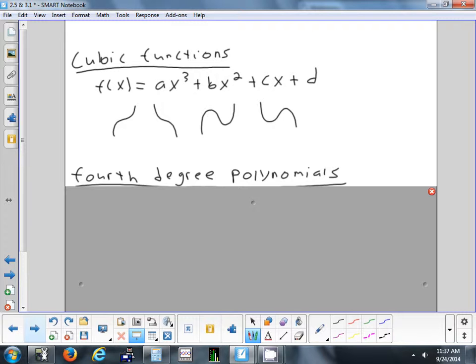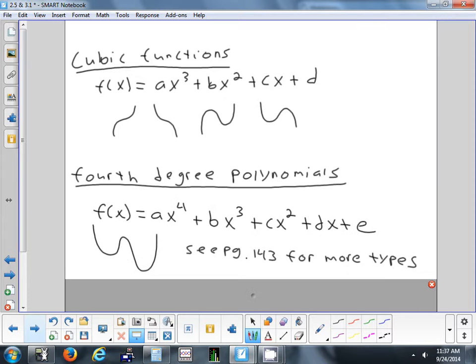Okay, a fourth degree polynomial is going to be more like a parabola. Okay, a fourth degree polynomial either has a minimum value and both ends go up forever, or it has a maximum value and both ends go down forever. Just like a parabola.